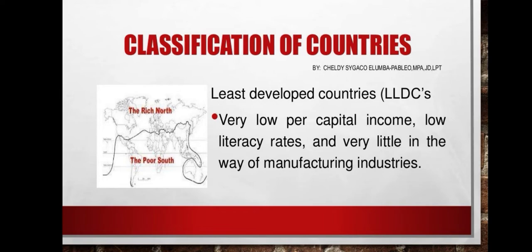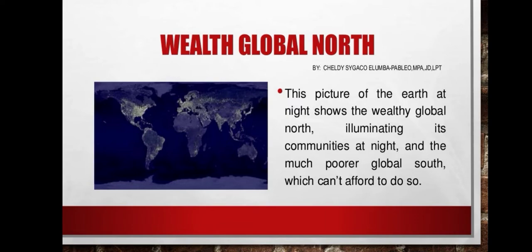And from the map, we can see that the North is rich and the South is poor. This is the wealth of the global North. You can see from the picture that those countries that are wealthy are shining, and those countries that are not developed or not that wealthy are dark.